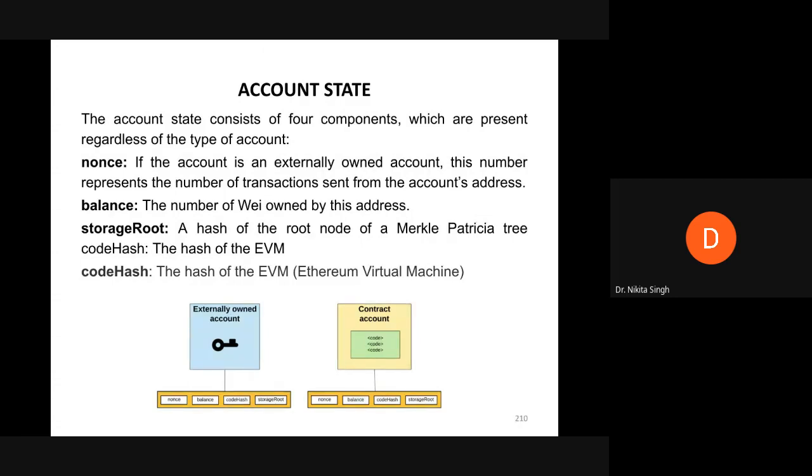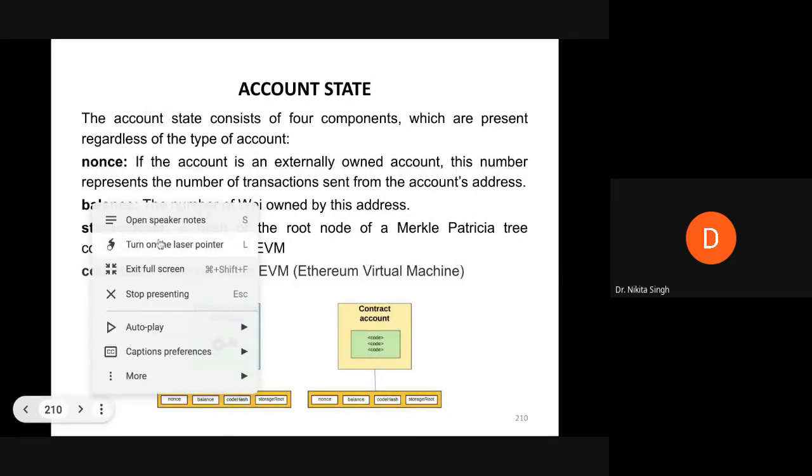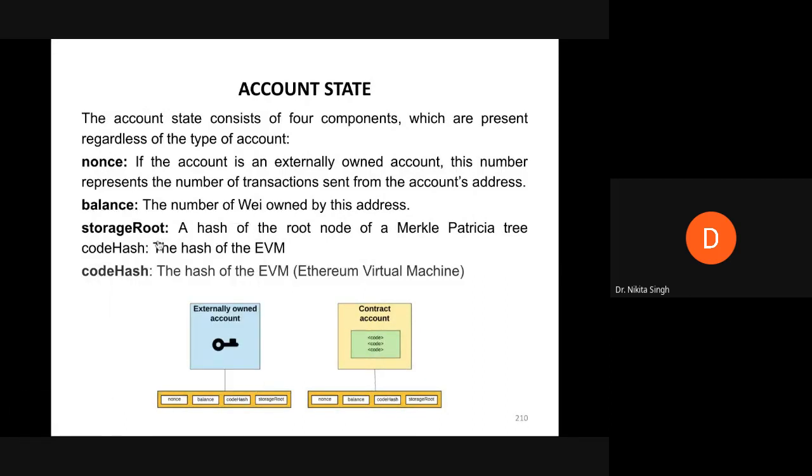So, if you recall, externally owned accounts are the most basic type of accounts. You do not have any code associated with them. But a contract account is a smart contract account. The externally owned account is controlled by a private key, whereas a contract account is deployed on Ethereum and has a unique Ethereum address.